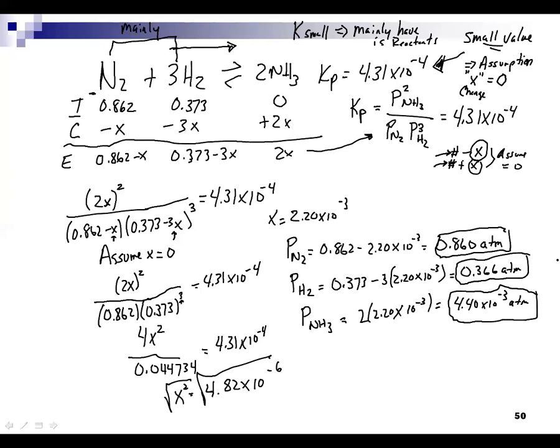Now, when we do make assumptions, even if the k value is small, there may be situations where it will not work. When you do make an assumption, like we just did there, that x is equal to 0, you do have to check your assumption.